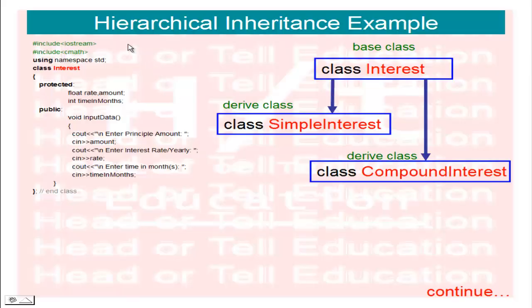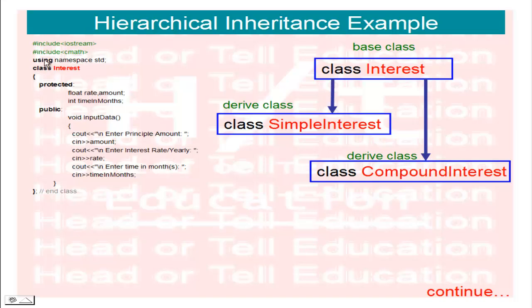So this is an example of hierarchical inheritance. In this example, I have created the base class Interest, and the derived classes are Simple Interest and Compound Interest. This is very simple. You already know how to calculate simple interest and compound interest.